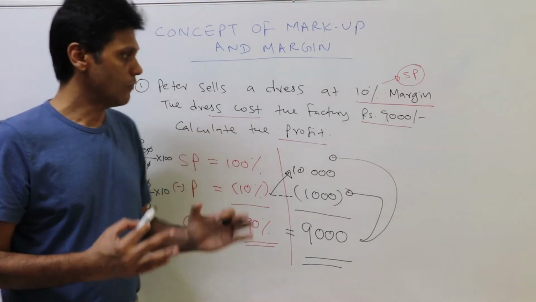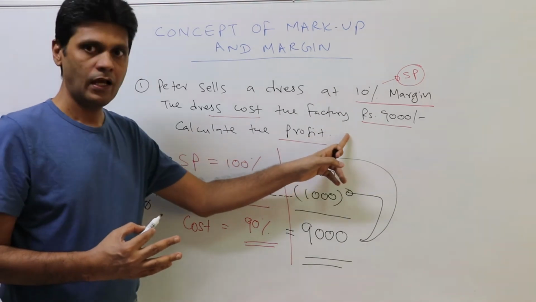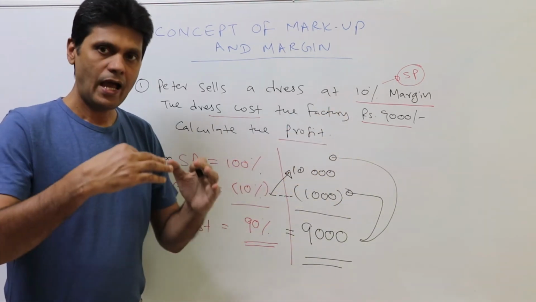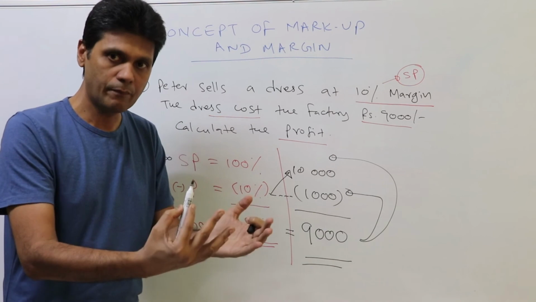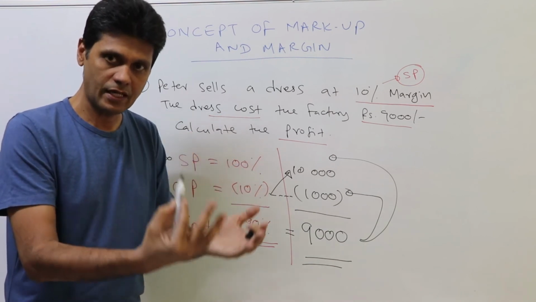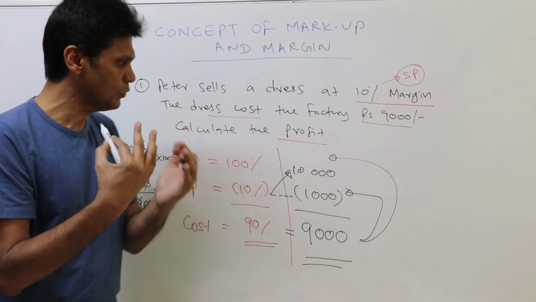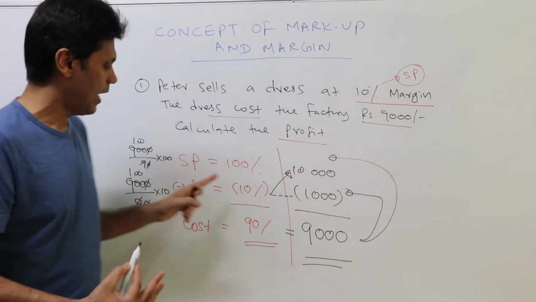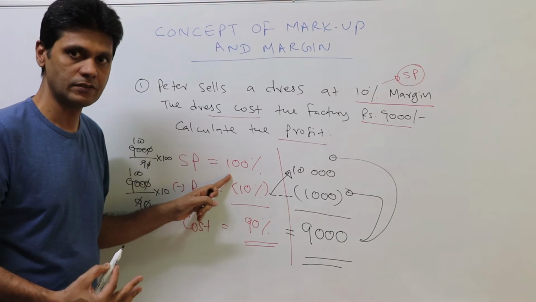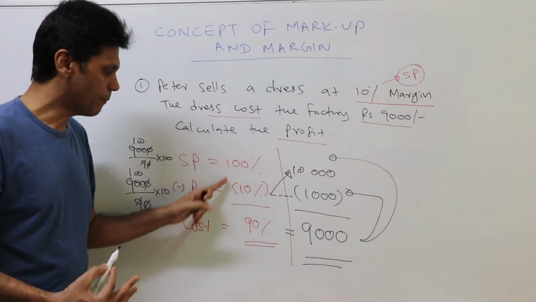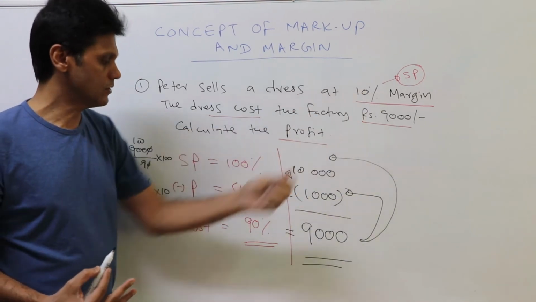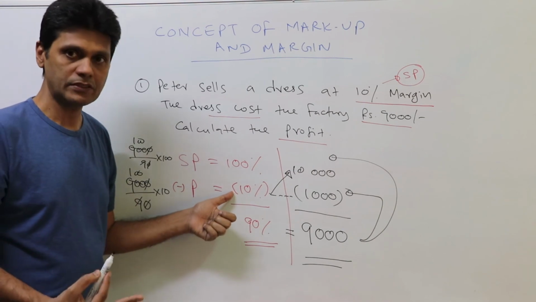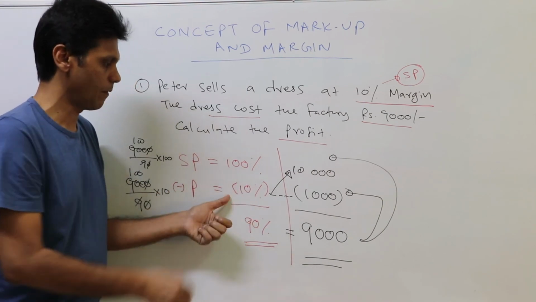Therefore, if you are given the cost and the profit is given as a percentage of selling price, or as a margin, what you should do is take the selling price as 100%. Then calculate the profit, 10% on selling price, which is 10 as a percentage.